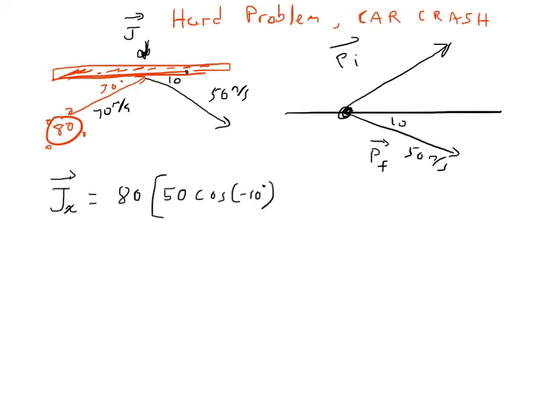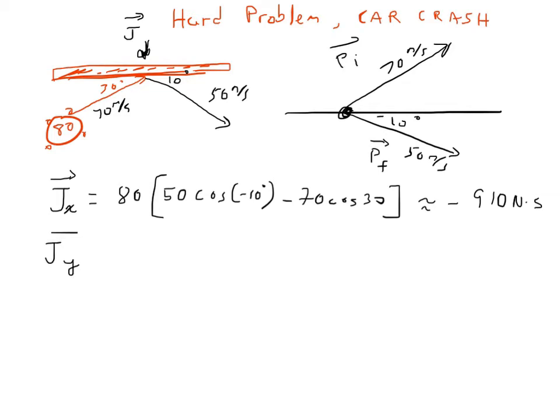Negative because it's below the x-axis. And then minus, it had a velocity of 70 meters per second, so minus 70 cos of 30. And this is roughly negative 910 Newton seconds.